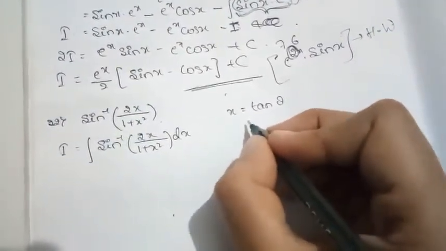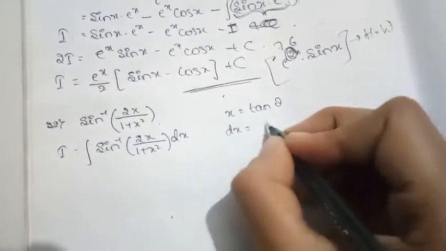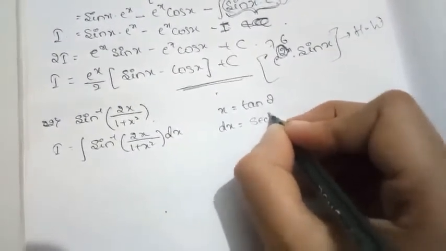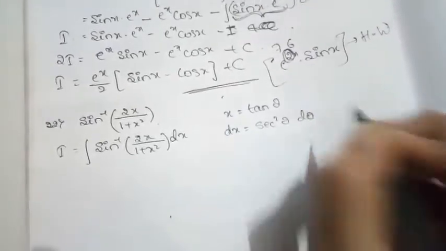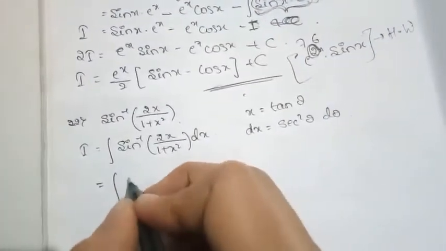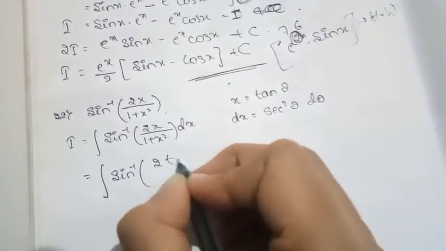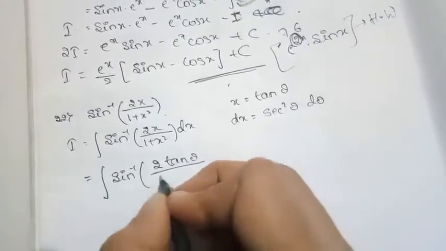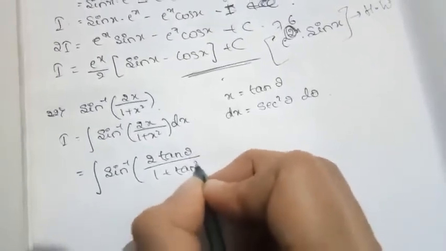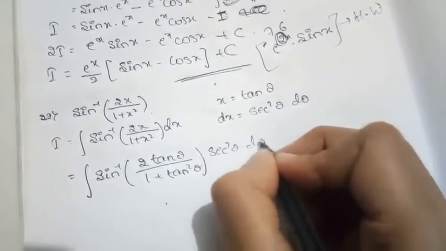If I differentiate x equal to tan theta, dx is equal to secant square theta into d theta. Substituting that here, we get the integration of sin inverse of 2 tan theta divided by 1 plus tan square theta into secant square theta into d theta.